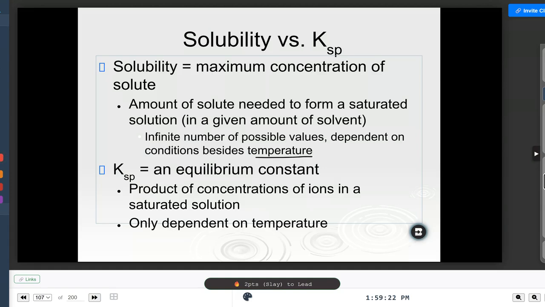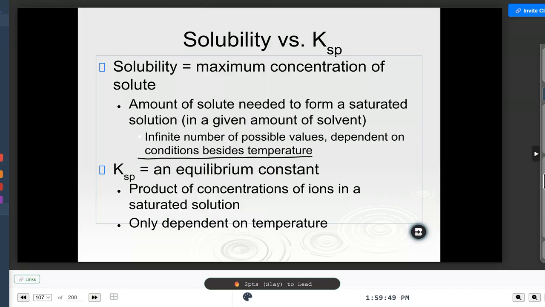Because it depends upon conditions besides just temperature. And remember that we're measuring this in things like grams of solute per 100 grams of water at a particular temperature. So we might have the amount of liquid, might have the different type of substances that it's dissolving into, all that kind of stuff that could cause that to be different.